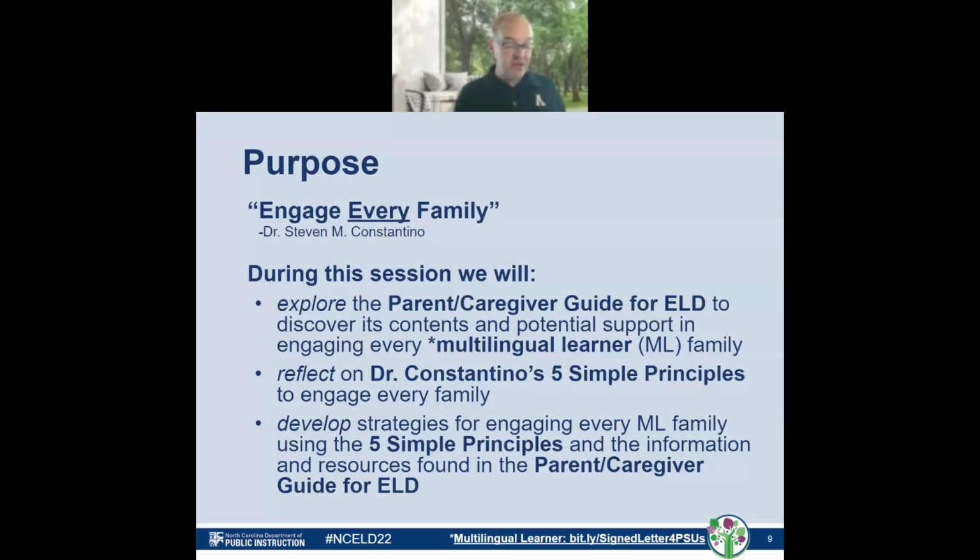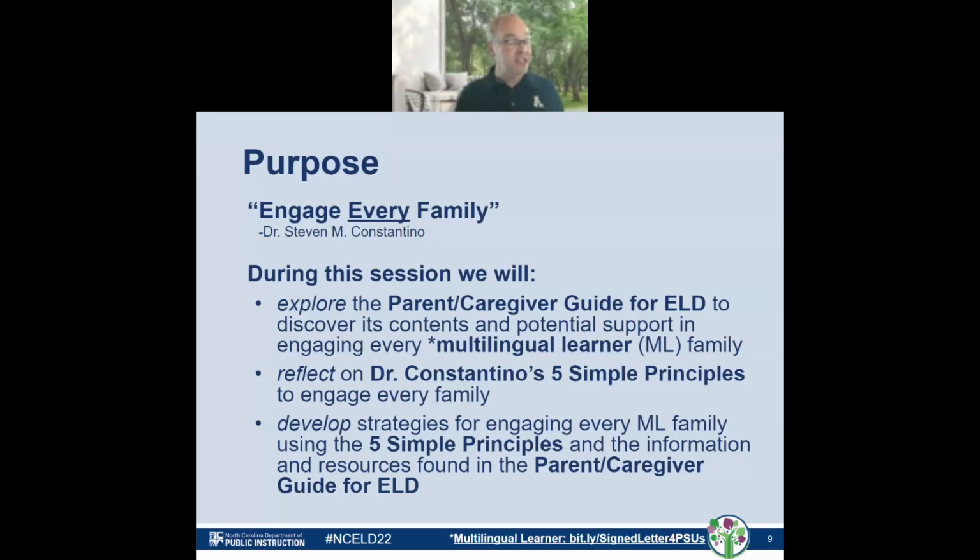Many of you already know that NCDPI has made the shift from English learner to multilingual learner, ML. NCDPI will be using this asset-based term to avoid labeling students in terms of a language that they are still learning, acknowledge that students' first language and cultures are a strength, and reiterate the importance of literacy and proficiency in multiple languages.